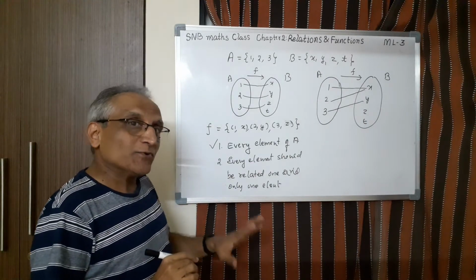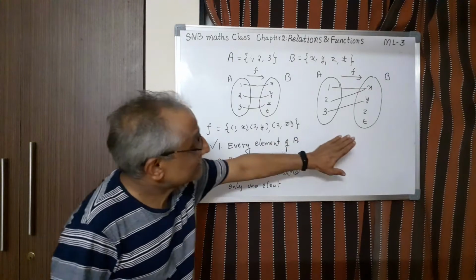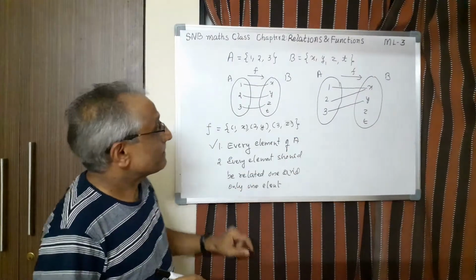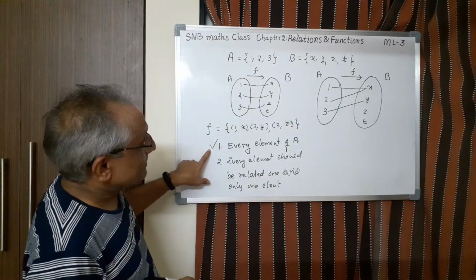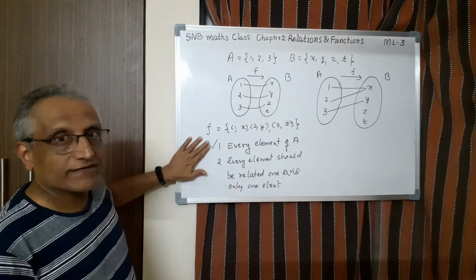Sometimes students say no, because there is a confusion in understanding these two conditions. This is a function. This is a function because what is the first condition you have to check? Every element here should be related. So the first condition is satisfied.